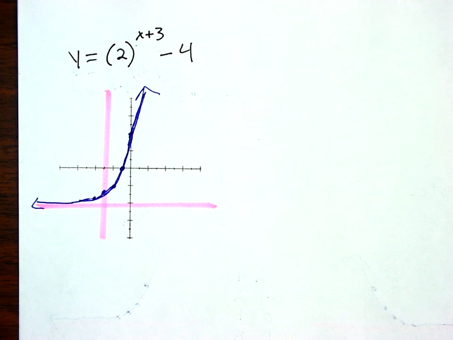Scroll to the right, +1. And you get some really weird numbers on this one. I know that. Oh, uh-oh. That might not work. No, it's not going to draw on there. So I'll have to do it on my paper.